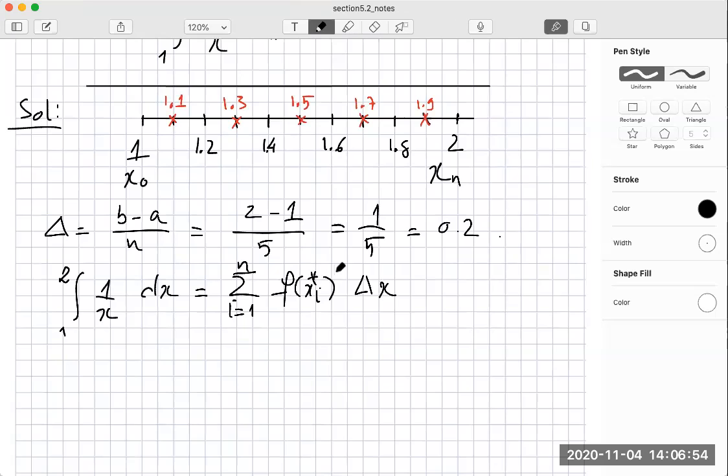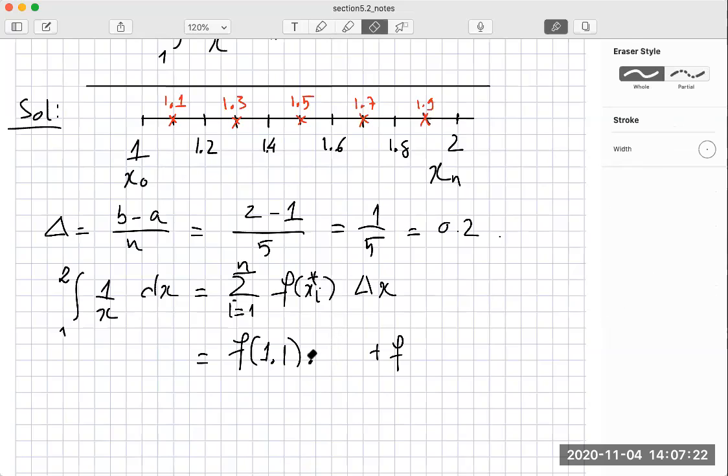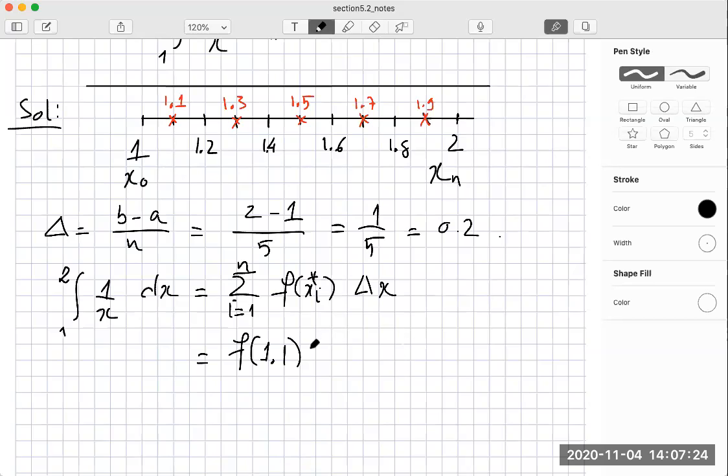This is the sample point xi star, right? So it will be f of the midpoint 1.1 multiplied with delta x here, right? Plus, they all multiply with delta x, so we can factor delta x out.